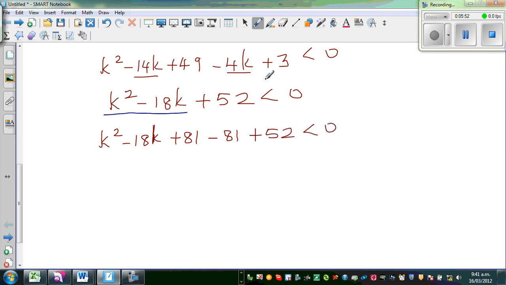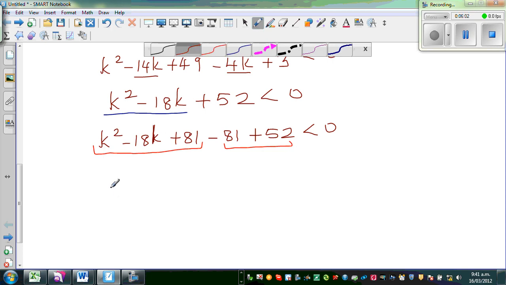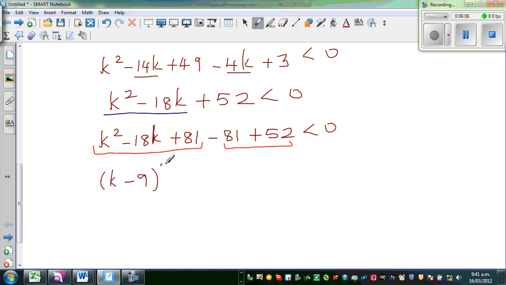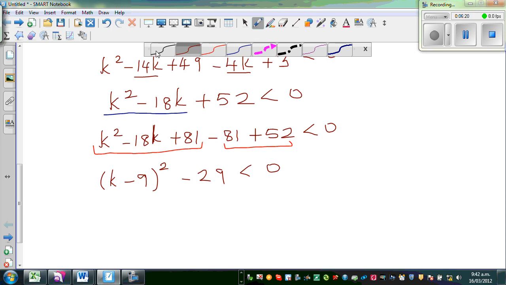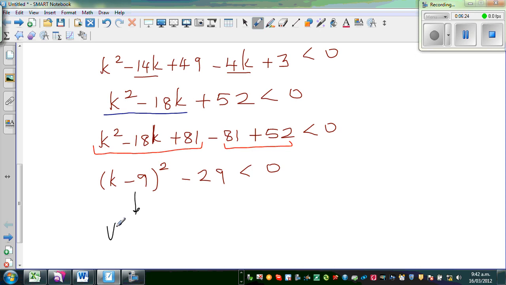It's less than 0. This is a perfect square and can be simplified. This is nothing but (k minus 9) the whole squared minus 29 is less than 0. From this I can say the vertex of this quadratic.